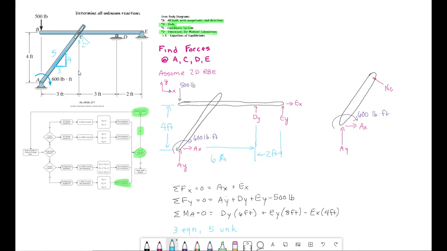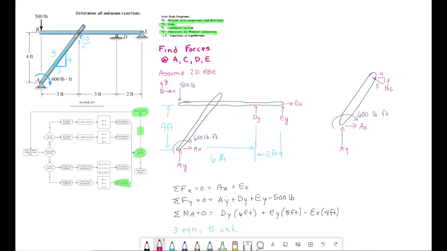So it's going to be a 3, 4, 5 triangle. So I'll add that in over here: 3, 4, 5 triangle on that normal force pushing up against this bar. So now I have all the loads with magnitudes and directions.